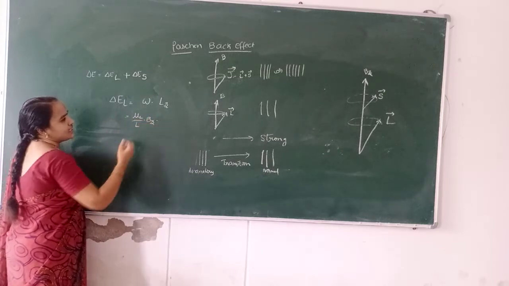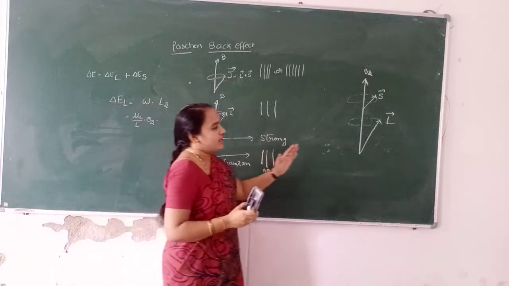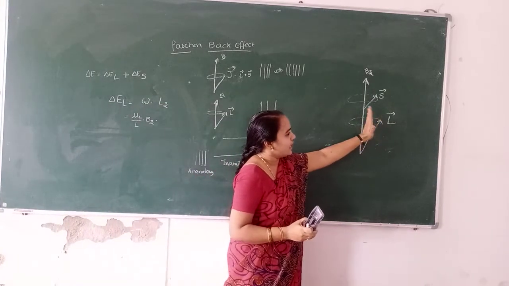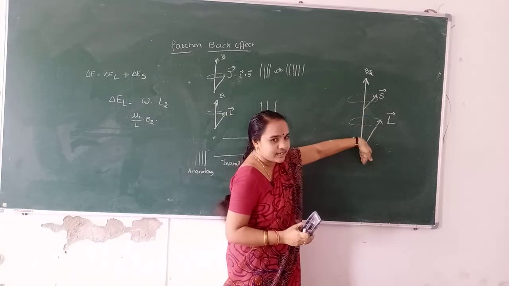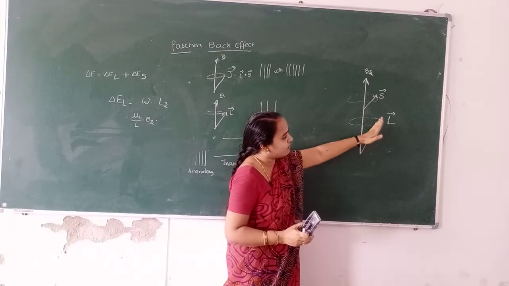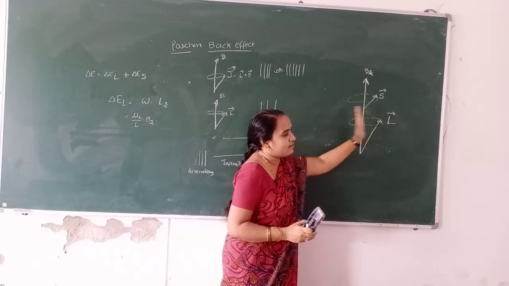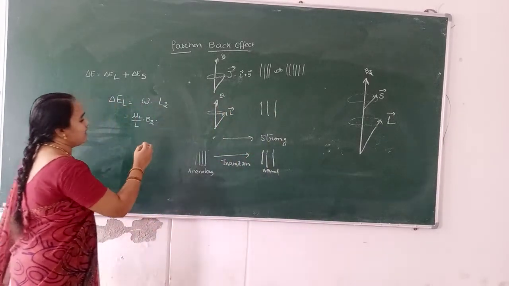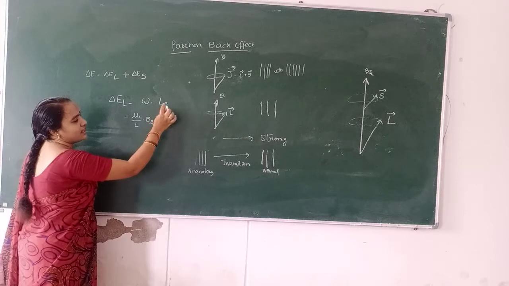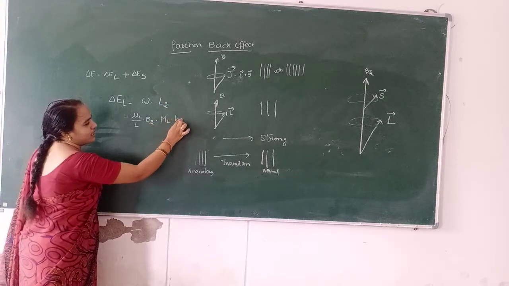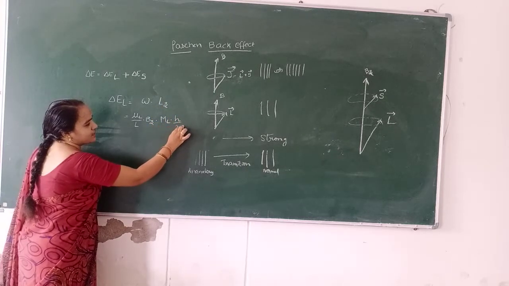What is Lz? The Lz component is the component either in the direction of the external magnetic field or opposite to it. That means it will be represented with the quantum number ml, which is quantized in units of h by 2 pi.